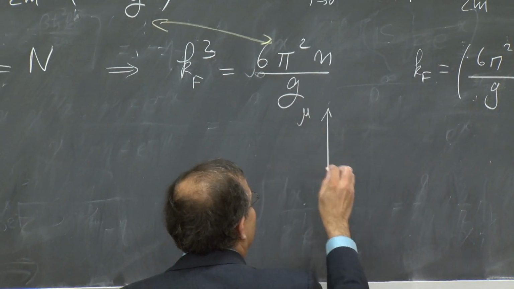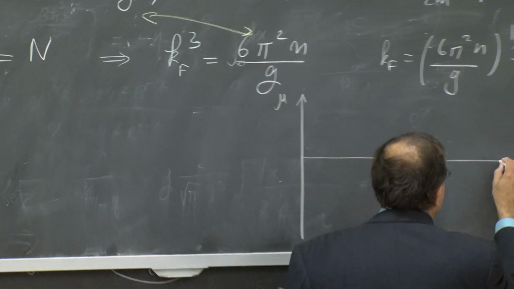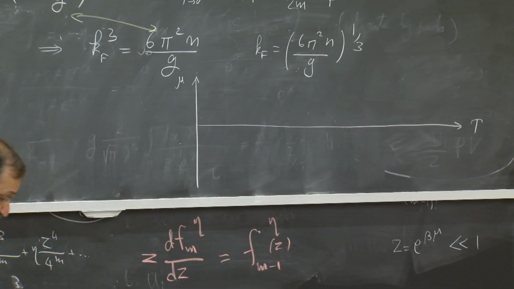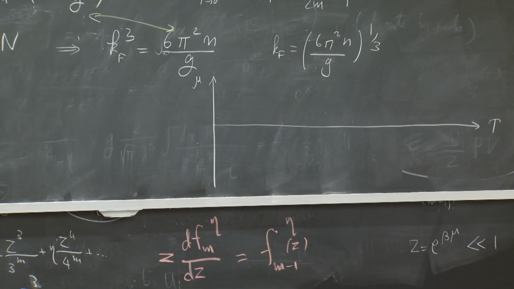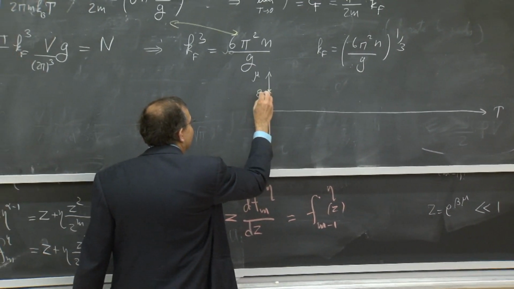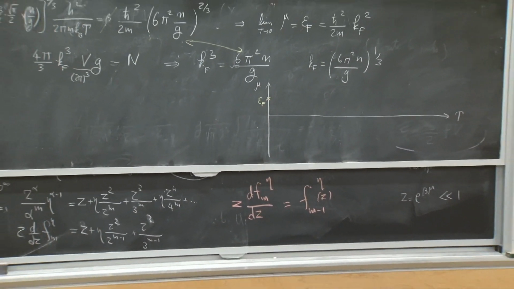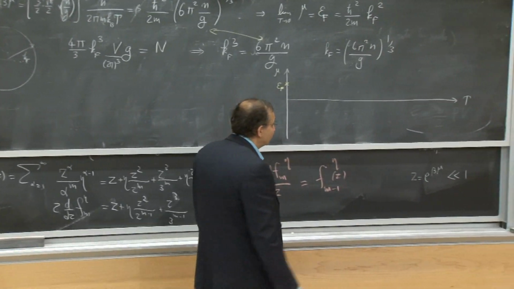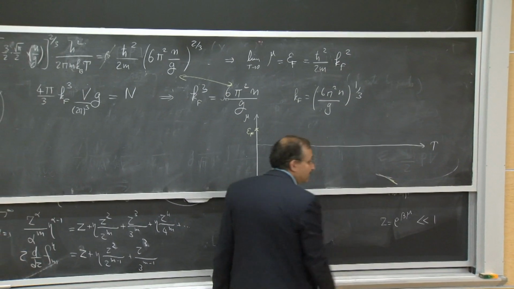So this is the chemical potential of the Fermi system as a function of its temperature. What did we establish so far? We established that at 0 temperature, it is in fact epsilon F. We had established that at high temperature, this was the discussion we had before, it's large and negative. It is down here.